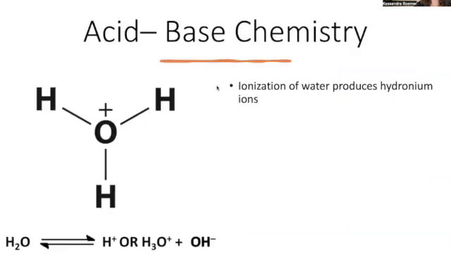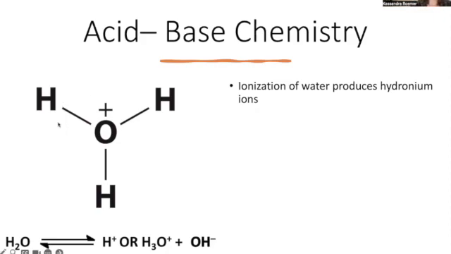All right, another important basic is acid-base chemistry. So the ionization of different molecules, so adding or removing protons from a molecule in order to ionize it. So when we talk about water being ionized, we produce hydronium ions and hydroxide ions.